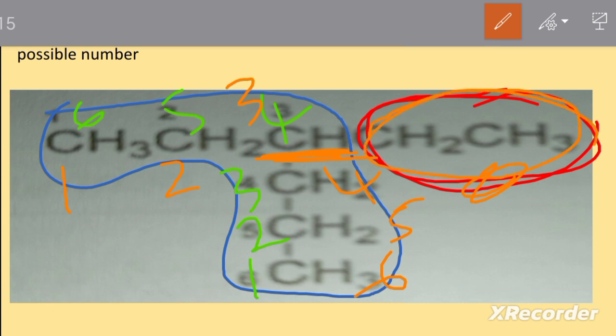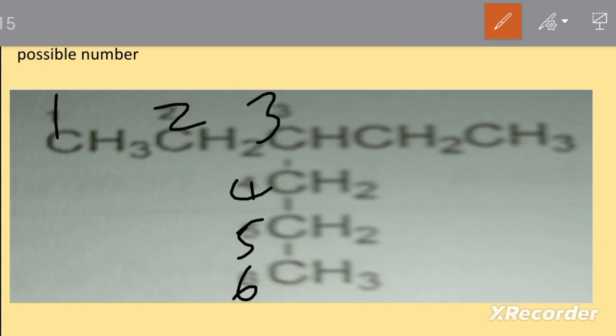If I number the carbon chain in this way, the fourth carbon atom has this alkyl group. If I number in this way, the third carbon gets the alkyl group. So I should select this way of numbering so that the least possible number goes to this alkyl group.